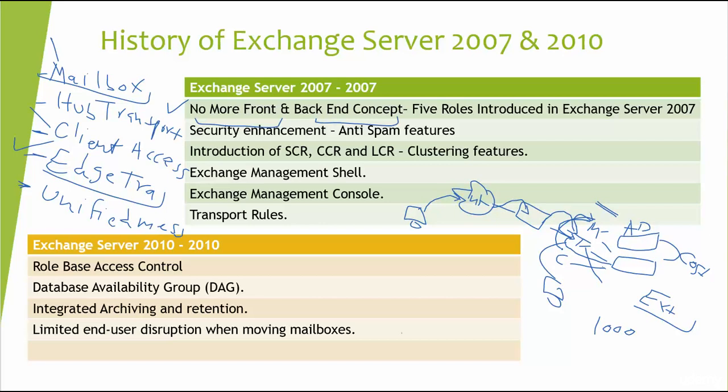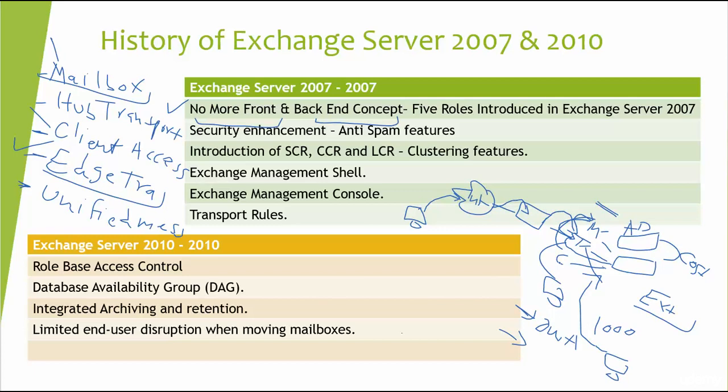And the client access server role was responsible to give you access to Outlook web access, and then all clients that you had at that time. The connection between the client and Exchange server was established through the client access server role using ActiveSync, which we are going to see in our practical lesson.